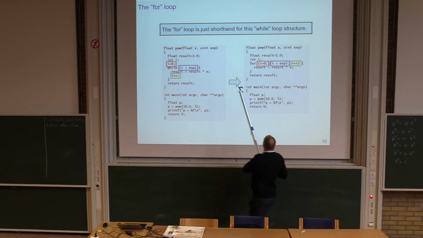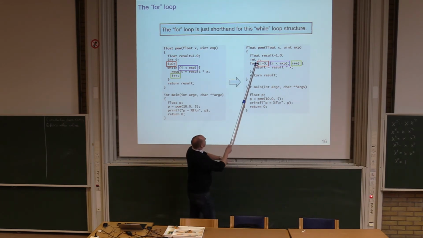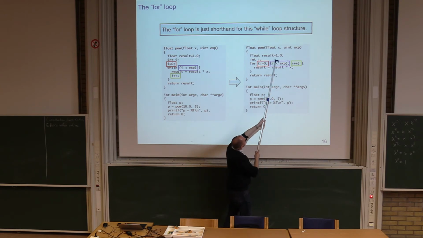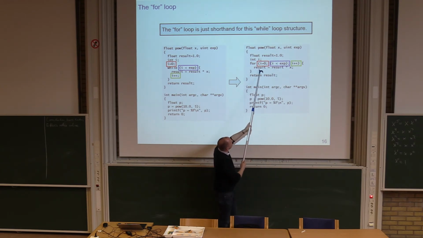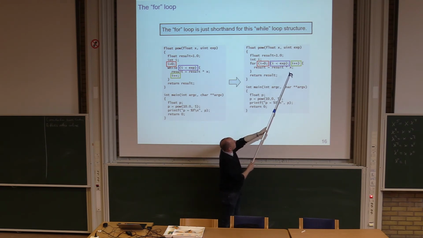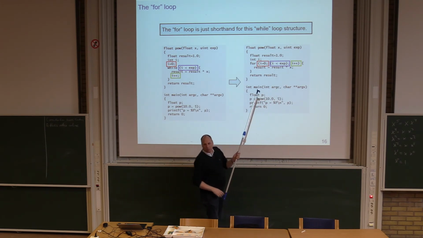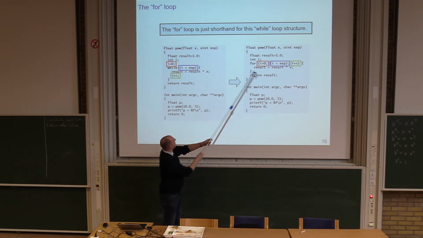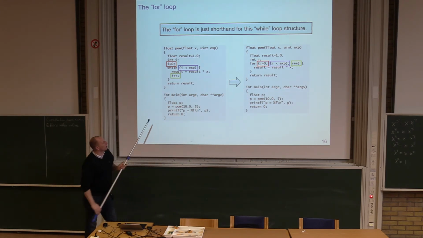You initialize a variable, in this case I to 0. Then you have a condition: as long as I is less than the exponent, you execute this, and when you have done that, you increase I by 1. It's just the same thing as what we wrote with the while loop.